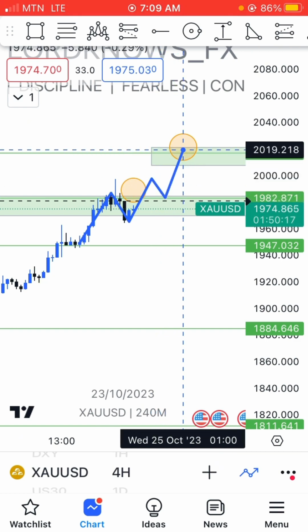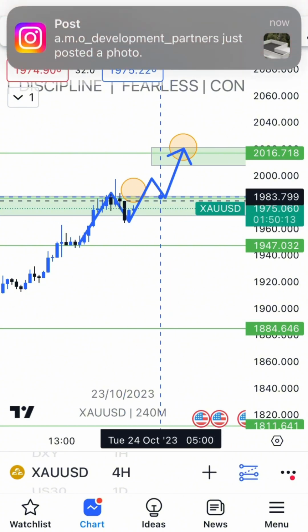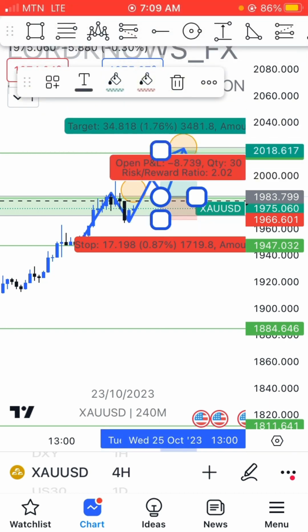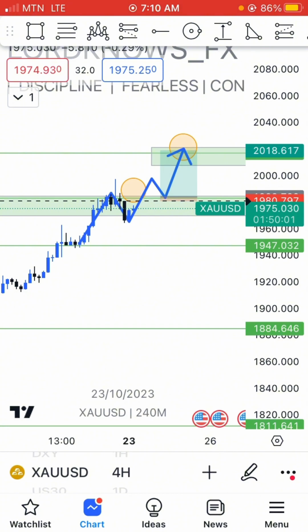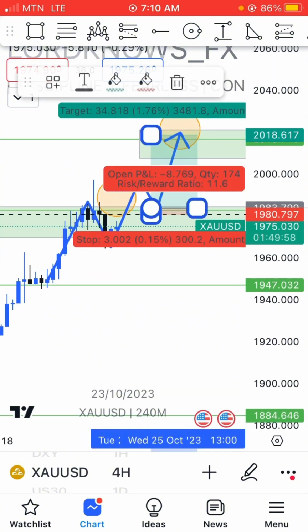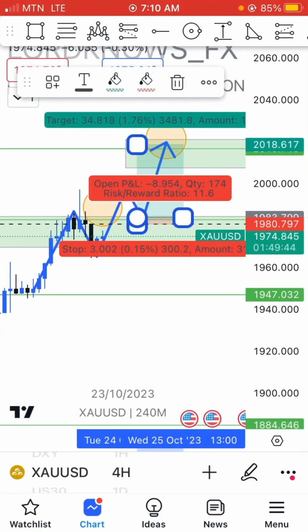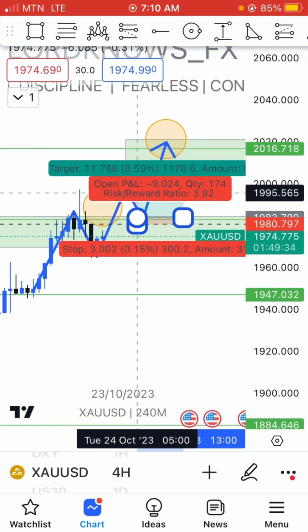Okay, so the person can make an entry here, to this zone. So your entry can be here. So it's a ratio of what? It's a ratio of 1:11. You see it's too much, so you can decide to bring it here. That's a ratio of 1:3.